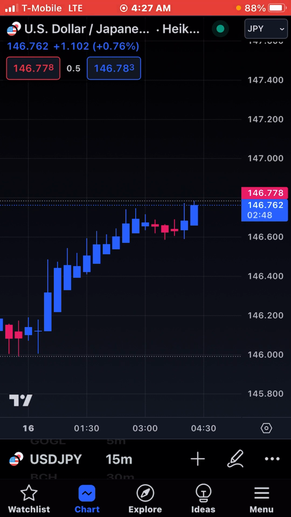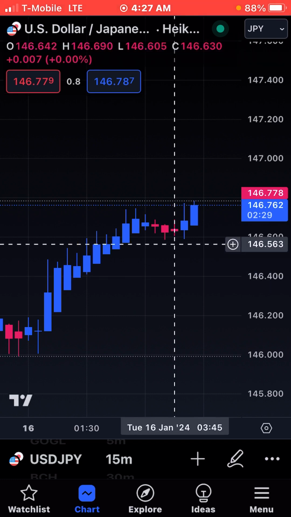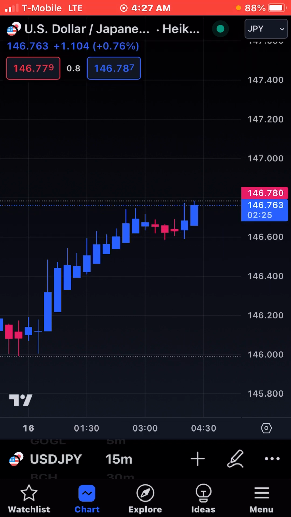You don't look for it going up. If we're looking for an uptrend here, we're looking for red candles, and then we're looking for the red candles to start getting weak. Much like right here, you see more of the wick, you're seeing it getting weaker.